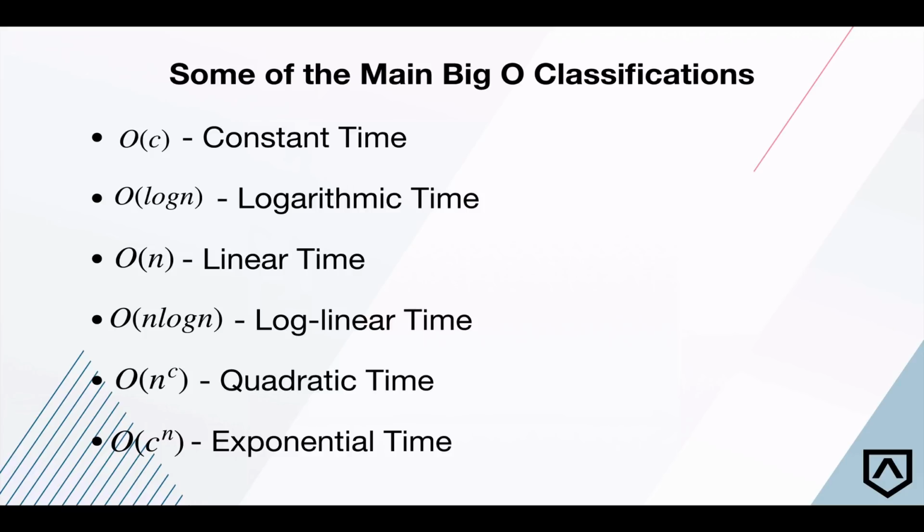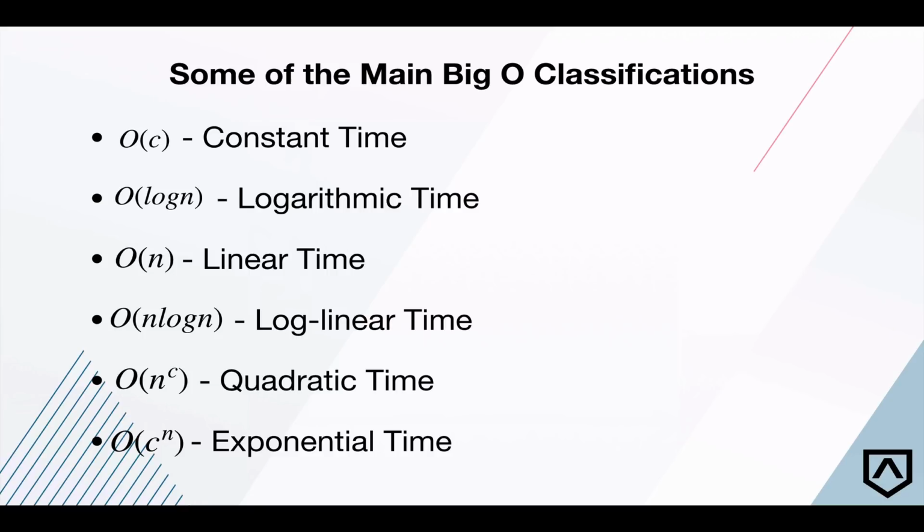You also notice, looking at what's inside the parentheses of each big O class, that these are all functions, right? So log n is a function, n is a function, n log n, n to the power of c for some constant, and then for exponential time, c for some constant to the power of n.